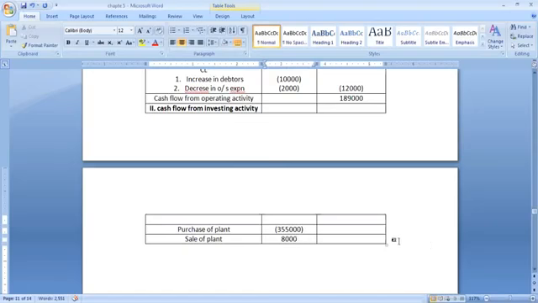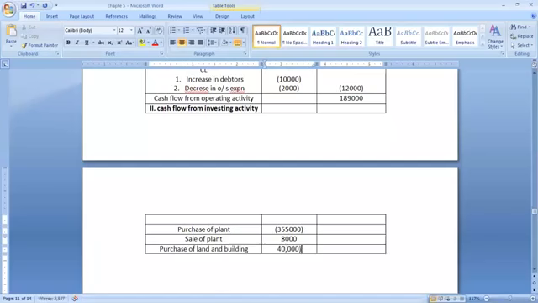Sale of plant is indicating the inflow of cash, and there is also one more asset which is given, purchase of land. If you have not prepared it, you have to indicate it for investing activity. Purchase of land and building is 40,000.